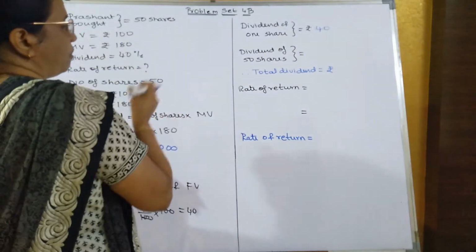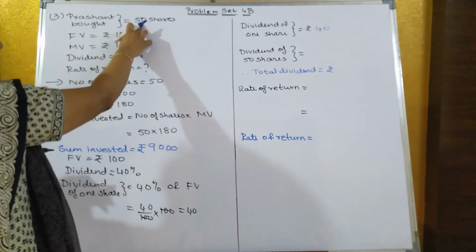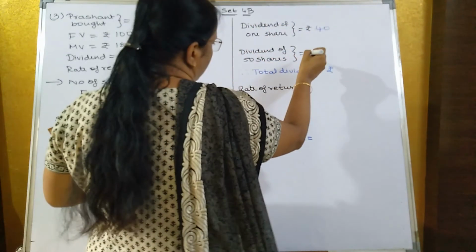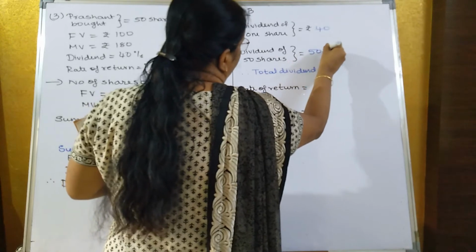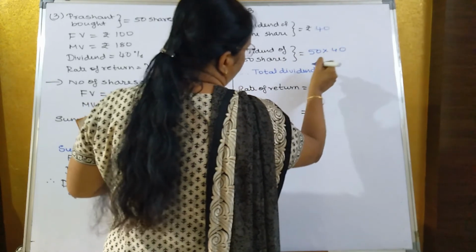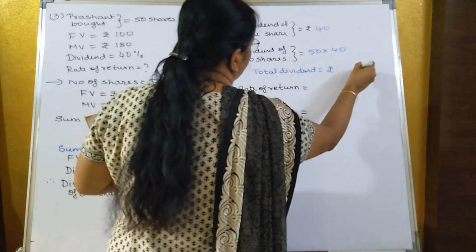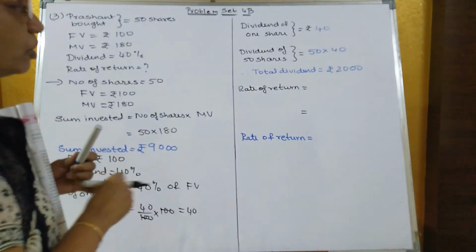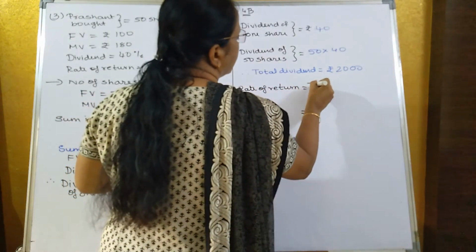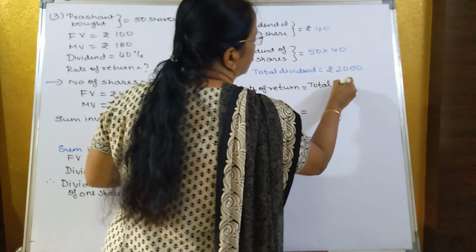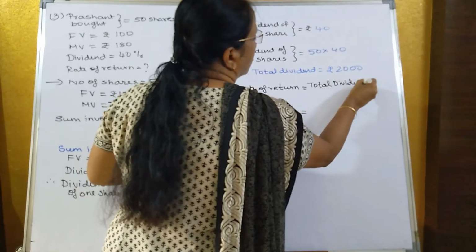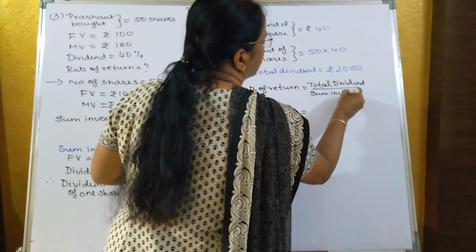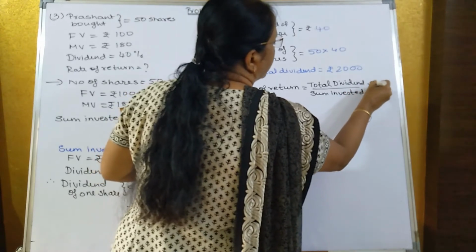Now dividend of 50 shares. If the dividend of one share is this much, then what will it be for 50 shares? It is equal to 50 into 40. So total dividend is rupees 2,000. Now rate of return is equal to total dividend upon sum invested into 100.